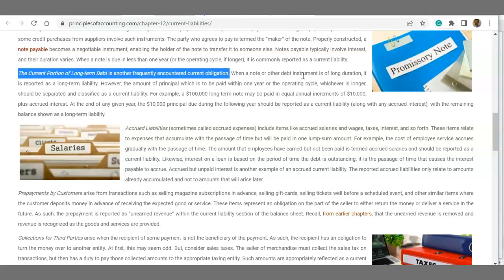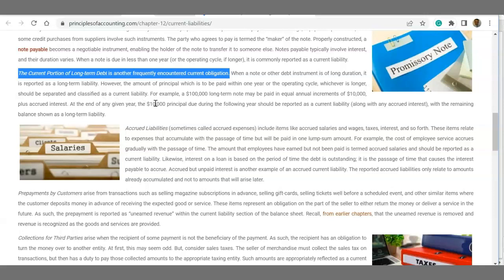When a note or other debt instrument is of long duration, let's say 3 years or whatever, it is reported as a long-term liability. However, the amount of the principal which is to be paid within 1 year, or the operating cycle, whichever is longer, should be separated and classified as current liabilities.